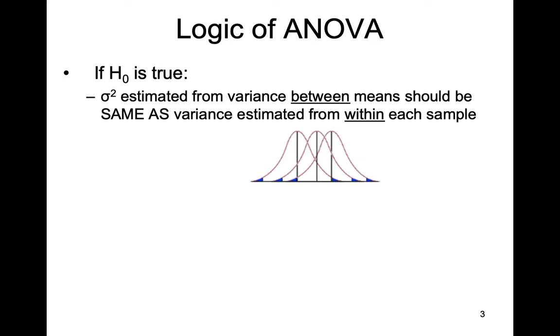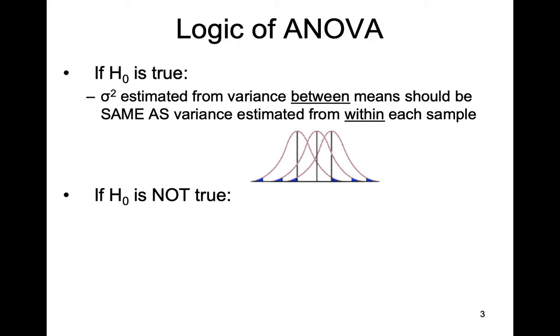So under the null hypothesis, regardless of whether we estimate the population variance using the variance from each of our samples, that pooled estimate of variance, the within approach, or whether we estimate it using the between means approach, we should converge on the same thing. We should get the same number under the null hypothesis, within a certain amount of error.